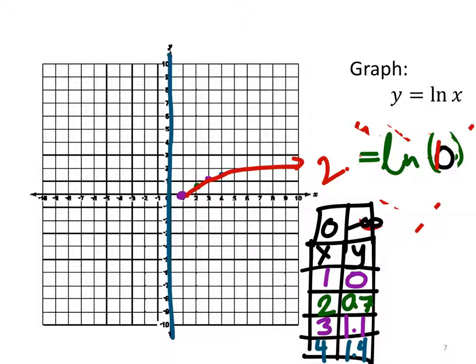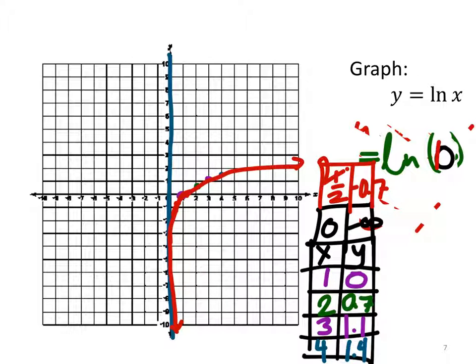So let's try something else then. Let's expand this table even more. What about if I did x is 1/2? Natural log of 1/2 is negative 0.7. So that would be right there. And in actuality, it's going to get really close to that blue line.